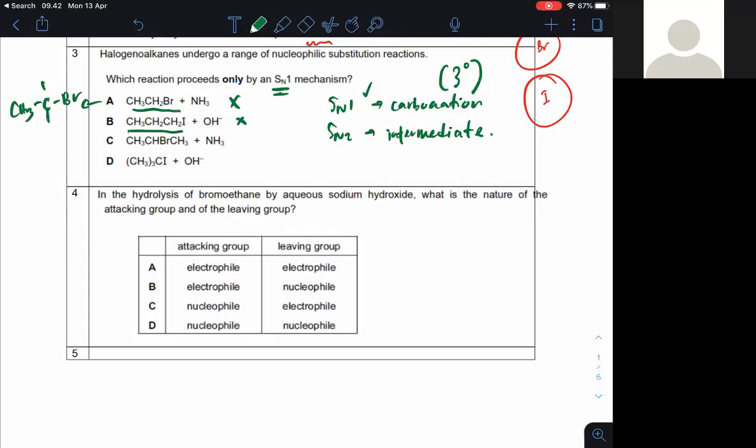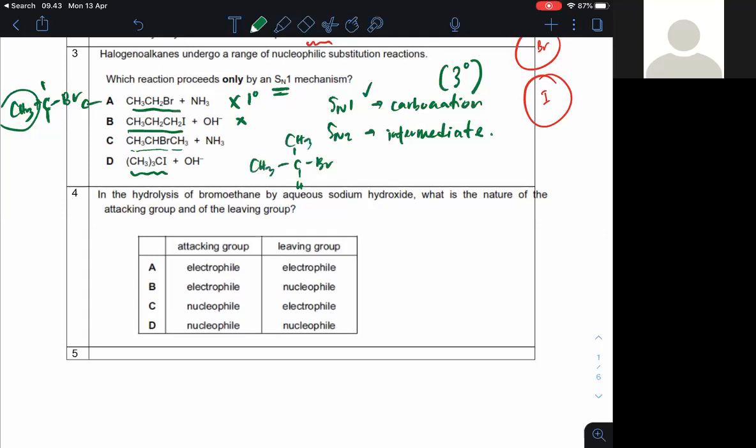The carbon attached to the Br is only attached to one R group, so it's a primary halogenoalkane. We are looking for a tertiary halogenoalkane. You do the same, and you will notice that this one is tertiary. If you draw it, it's CH with Br, then CH3, and CH3.